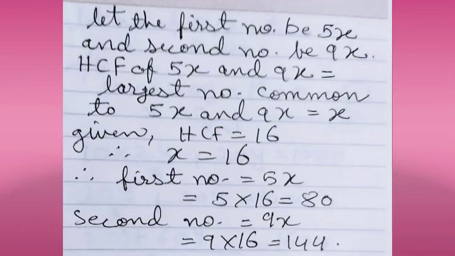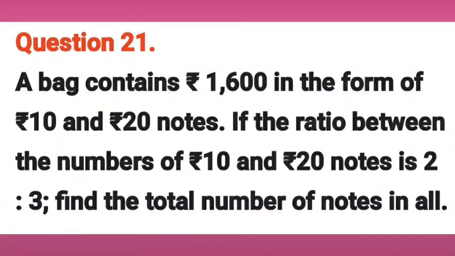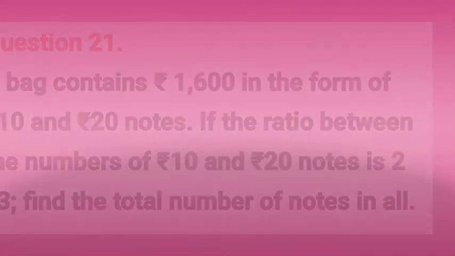Clear? Now next, question number 21. A bag contains rupees 1600 in the form of rupees 10 and 20 notes. If the ratio between the numbers of rupees 10 and rupees 20 notes is 2:3, find the total number of notes in all.